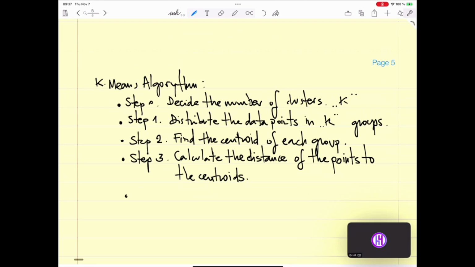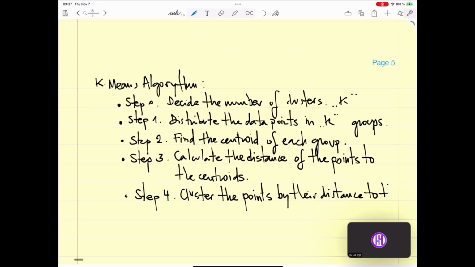Step 4, cluster the points by their distance to the centroids.